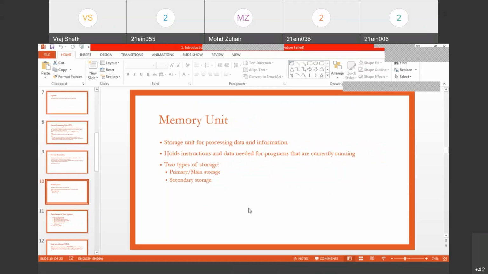Okay. So we have memory units. A memory unit is a storage unit for processing data and information that holds instructions and data needed for programs that are currently running. So we require memory. The memory is basically RAM, ROM, hard disk that we have in our system.